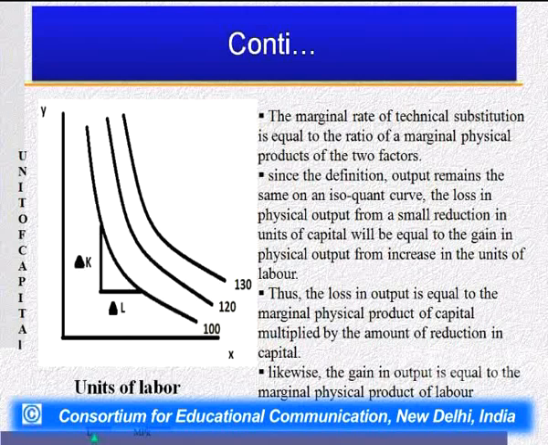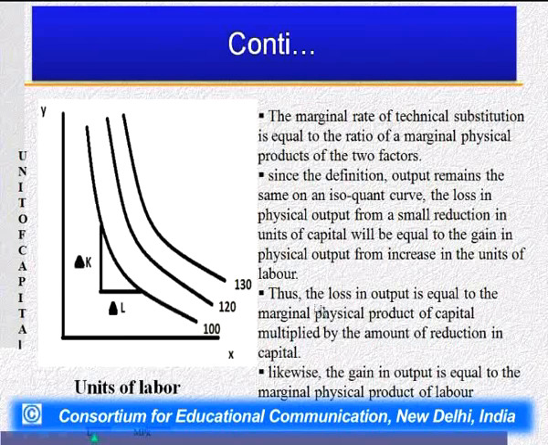Likewise, the gain in output is equal to the marginal physical product of labor multiplied by the increase in labor. So here you can see capital and labor, as you keep increasing them. Suppose, as I said earlier, there is no single figure, then either you can draw over this figure or draw a line over it, whatever the concept suggests, and you can clearly know about this fact.